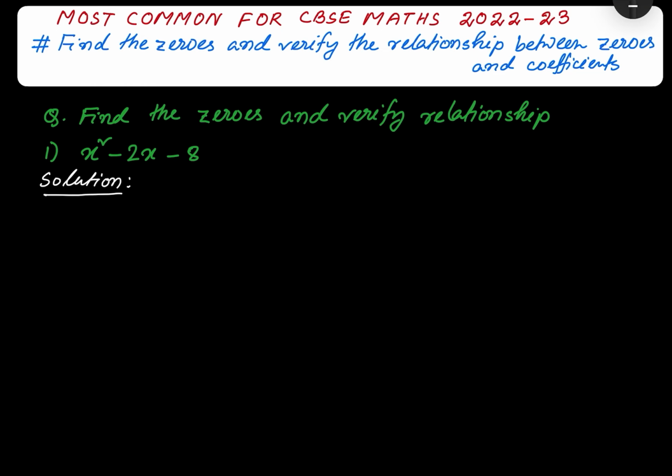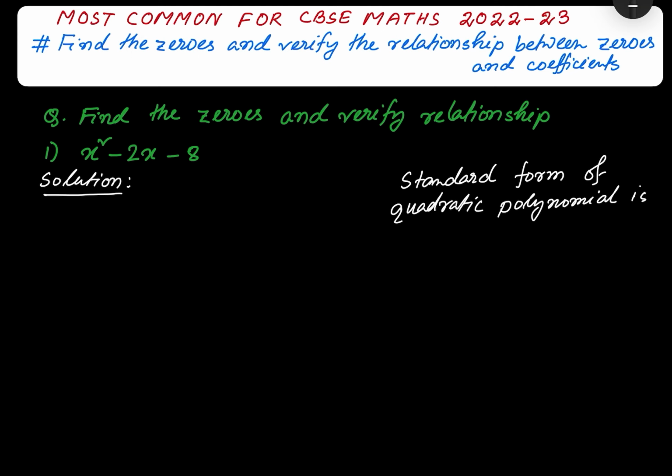Okay. So first, the standard form of quadratic polynomial is ax square plus bx plus c, where a is non-zero.